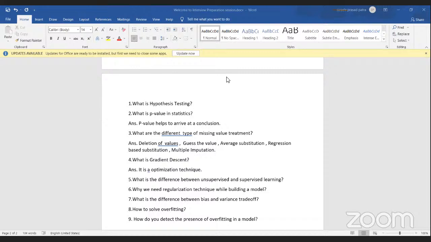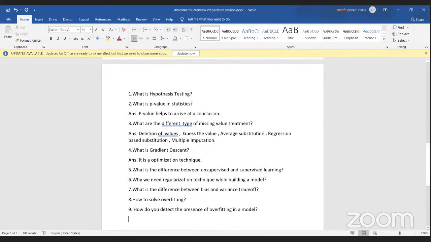Yes, Sujit is correct. Sam is also correct. Ajay correct. If train accuracy is more and test accuracy is less, then we can tell that this model is overfitting.